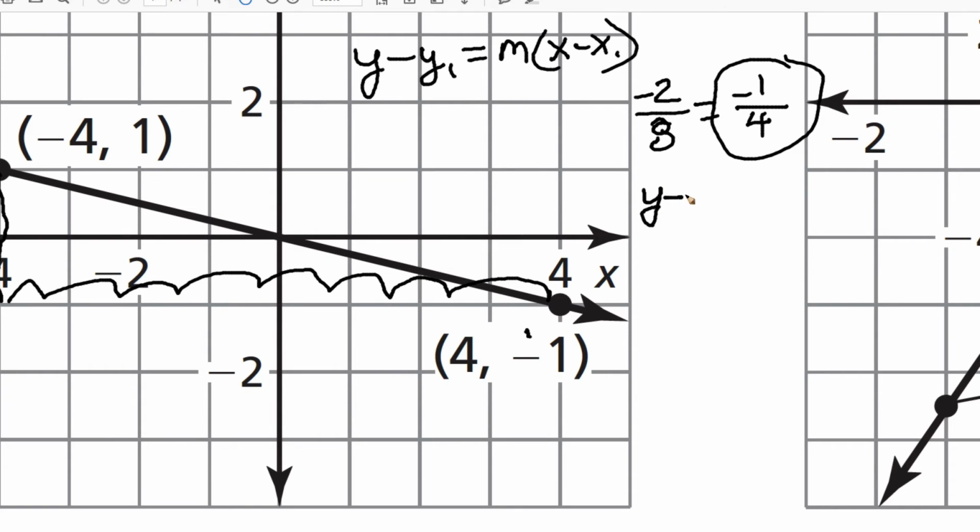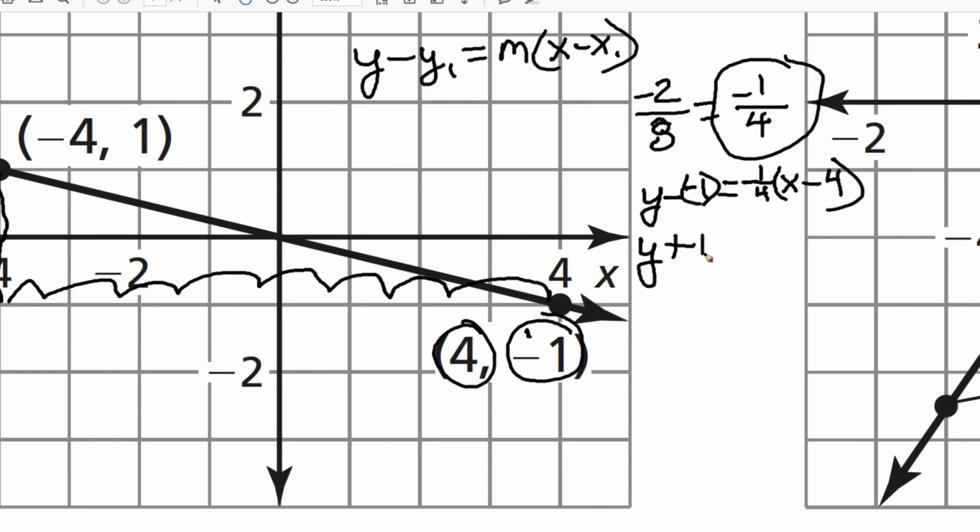Y minus, what's my y1? I'm going to go with this one right here, negative 1. And it doesn't matter which one you do. Equals, what's my slope? Negative 1 over 4 times x minus, what's my x? 4. Now let's simplify. That turns into a y plus 1 because a negative negative cancel out.